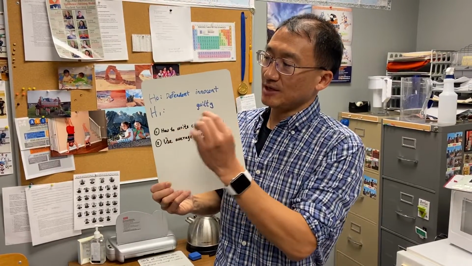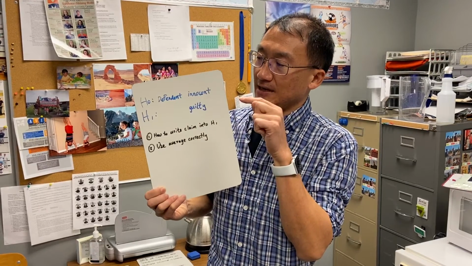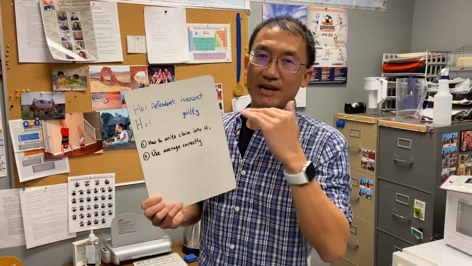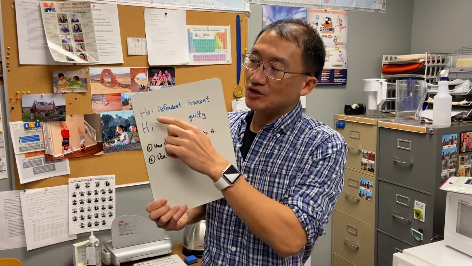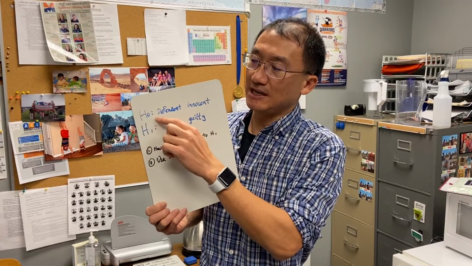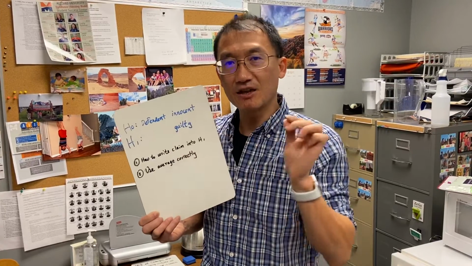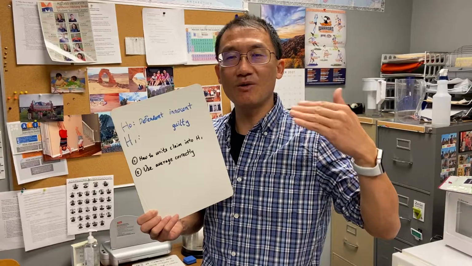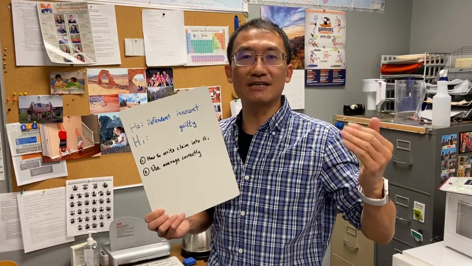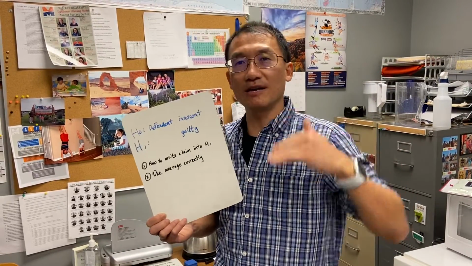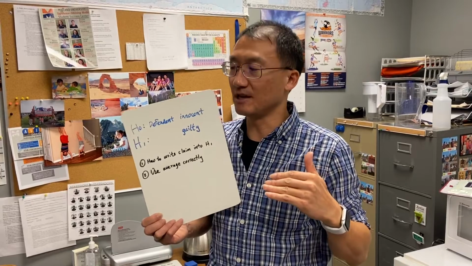The jury usually either delivers a guilty verdict or an innocent verdict. When there's not enough evidence, they should deliver an innocent verdict. Does that mean the defendant is innocent? Not necessarily. It's just that there is no evidence to say the defendant is guilty. So therefore, an innocent verdict will be delivered.